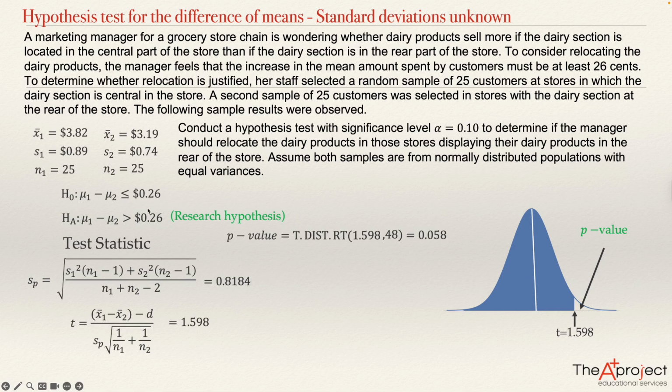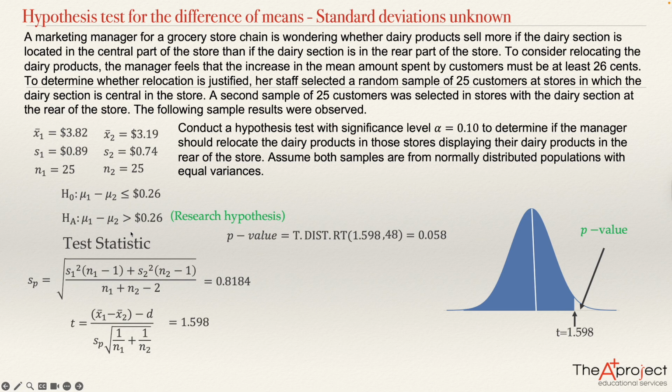So there is enough statistical evidence to say that the difference of the means is greater than 0.26. So in the first type of stores, the stores that have the dairy products in the center, are selling on average 0.26 per customer more than in the stores that have the dairy products in the rear.